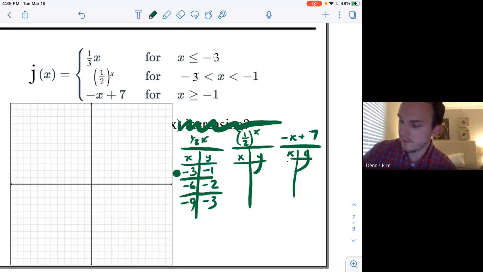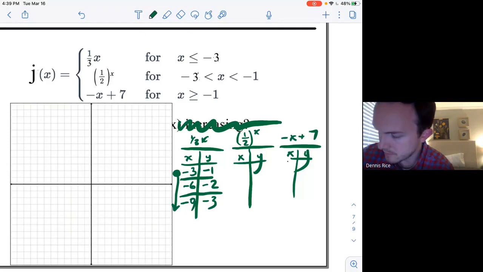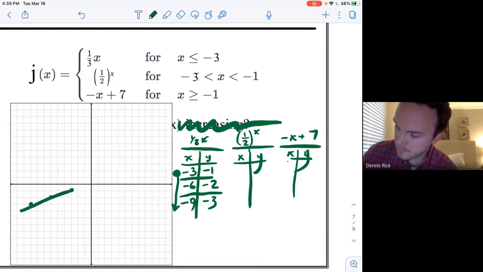This goes on forever. Let's go ahead and graph this. Okay, closed circle, normal dot is fine.